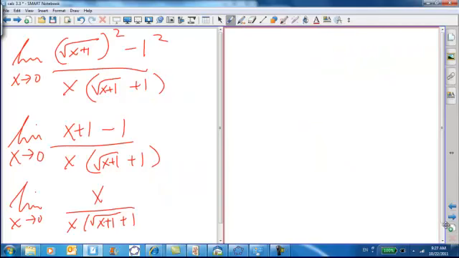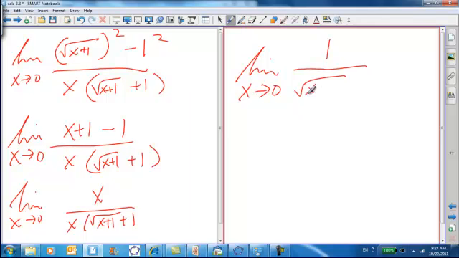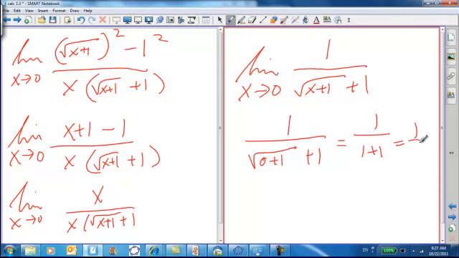We're going to need another page yet. Finally, the x's fall out. X over x is 1, so we get 1 all over square root of x plus 1 plus 1. And now when we evaluate this by direct substitution, we get square root of 0 plus 1 plus 1. 1 over 1 plus 1 is a half. So there's your limit.